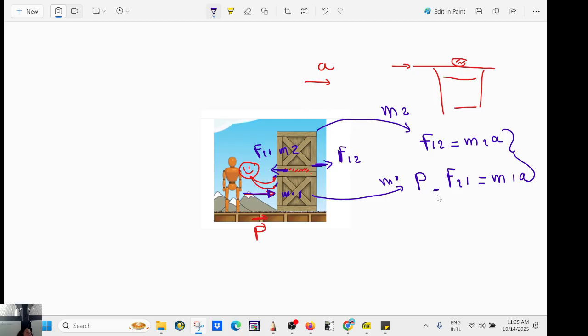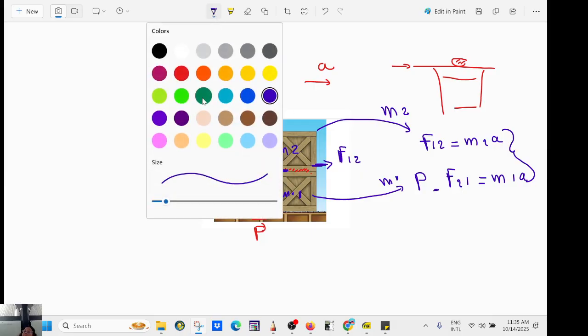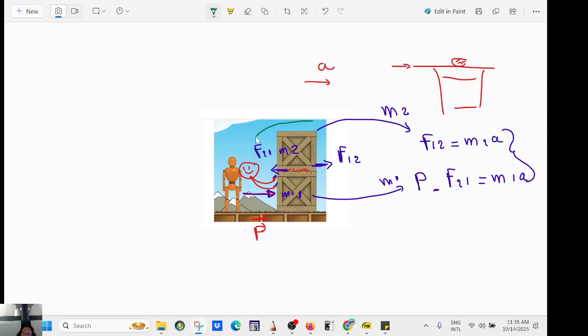Now, if you consider the two boxes, do you have to take into account F21 and F12? No, because they're inside your bag, right? It's their privacy. It's not your business. You don't want to see what's going on inside.